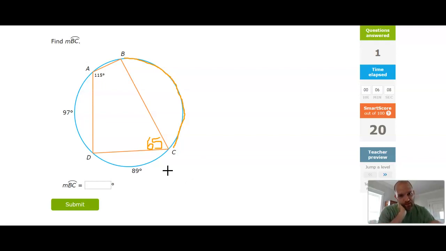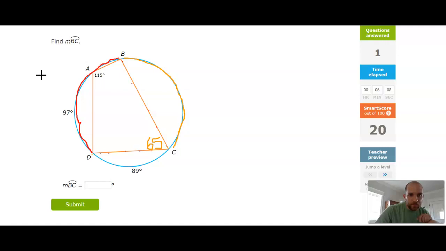Now that we have that, how does that help us? Well, we could figure out that this whole arc here, and I'm going to change color to red, this arc DAB all the way around here should be twice what 65 degrees is. So if we dot this DC all the way up to CB, this inscribed angle is going to be related to this arc length here, and this arc length is going to be twice whatever this angle is.